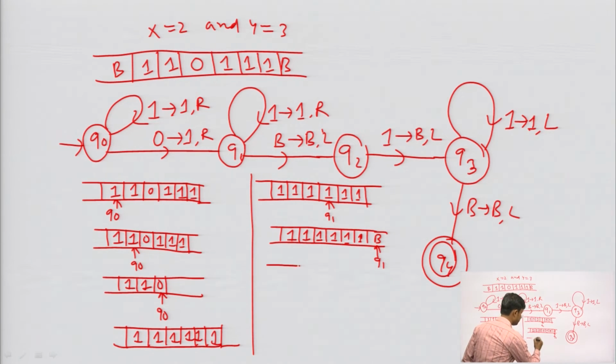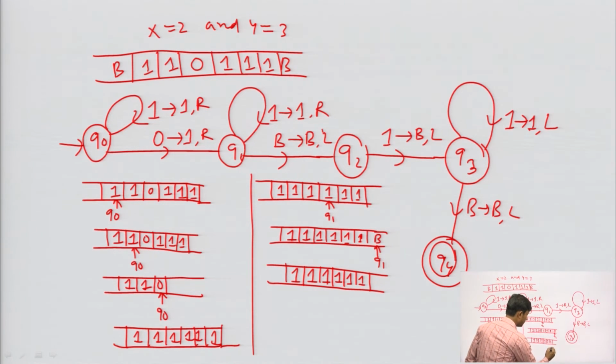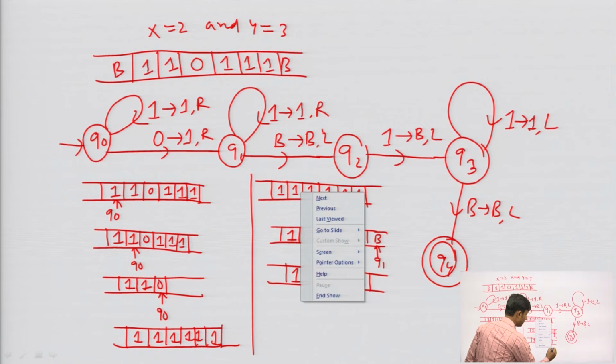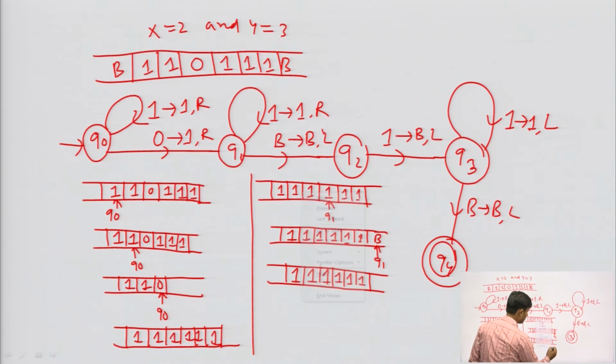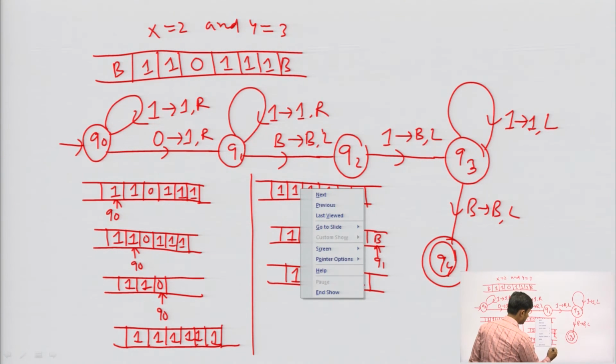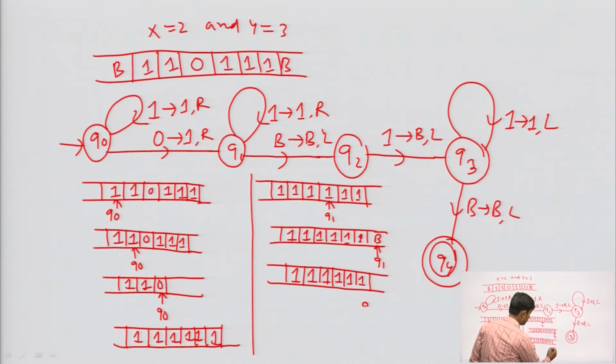The tape is 1, 1, 1, 1, 1, 1. Then Q2 will point to this one.